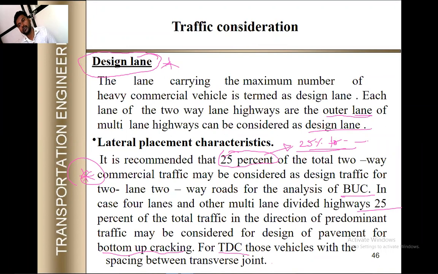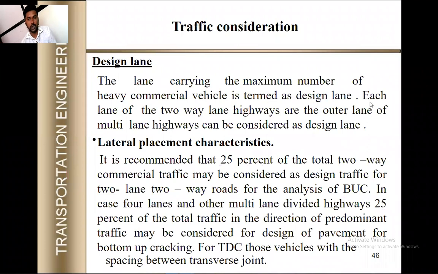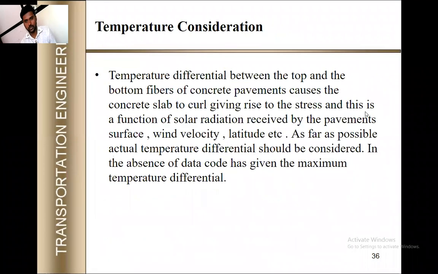Instead of going for the calculation, we can easily assume 25% of traffic as commercial vehicles. Then temperature consideration is also a very important part whenever we are designing rigid pavements. The temperature consideration is something we should go for.